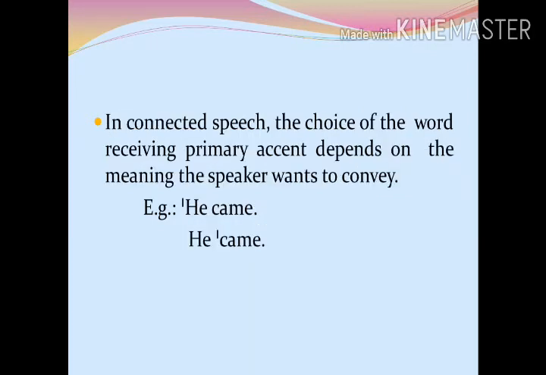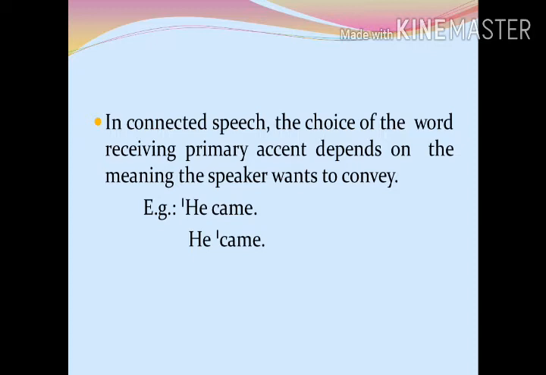There is, however, an important difference between connected speech and individual words said in isolation. That is, in connected speech, the choice of word receiving primary accent depends on the meaning the speaker wants to convey. For example, consider the sentence, he came. If the speaker wants to emphasize the fact that only the person referred to as he came and no one else, he or she will pronounce the word he with primary stress.